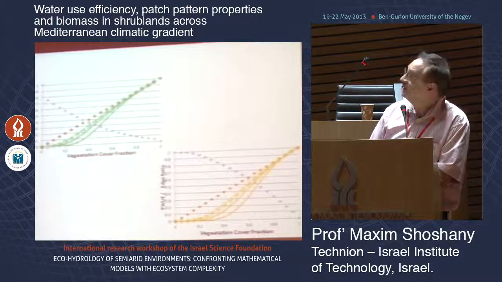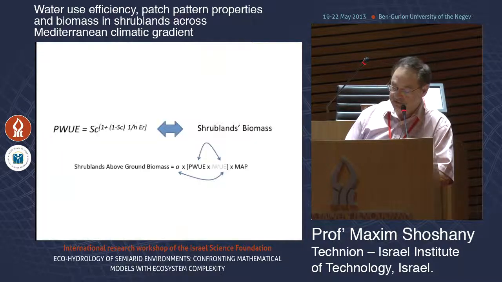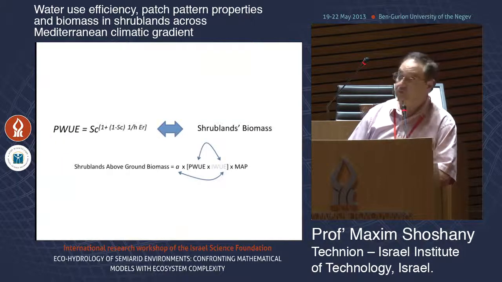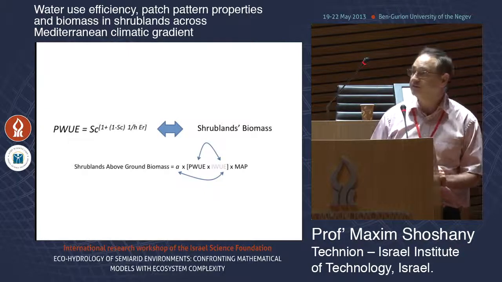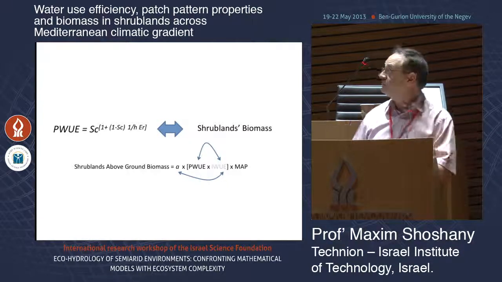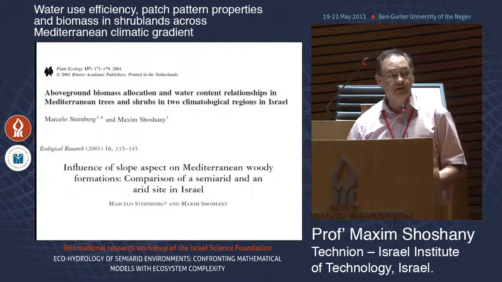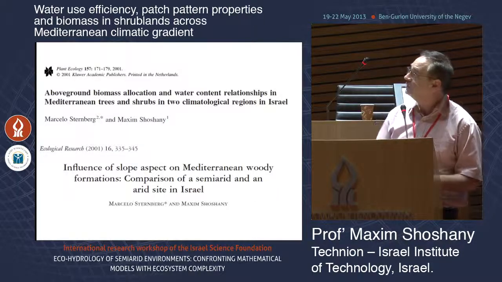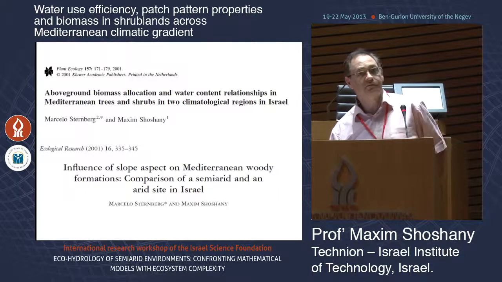It's actually a type of hysteresis or non-linearity in the ecosystems. So we need to validate this idea, to validate the relationship between pattern water use efficiency and biomass. So we went to the field earlier, Marcelo Stenberg and myself, and we measured biomass in the field.